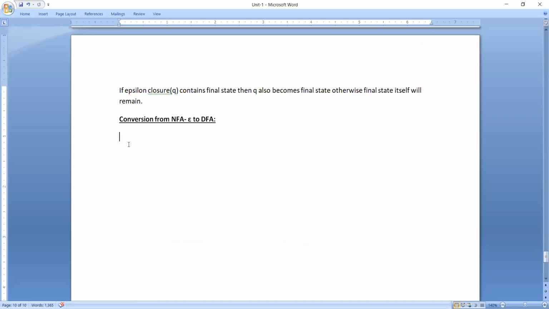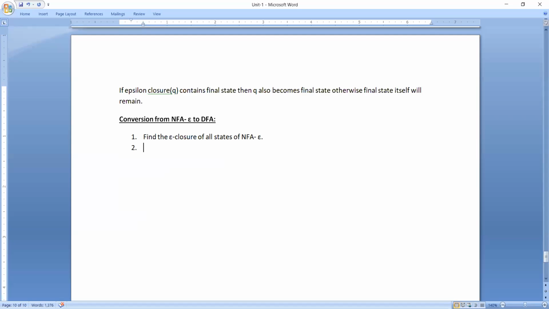What are the steps we are going to follow? First, we need to find the epsilon closure, just like what we did for NFA epsilon to NFA conversion.